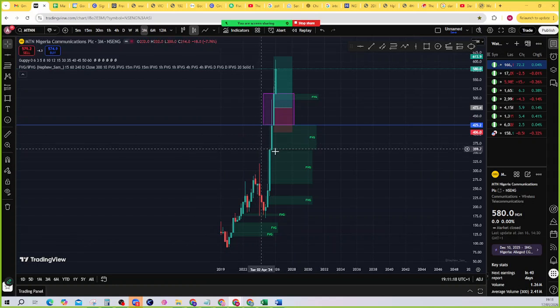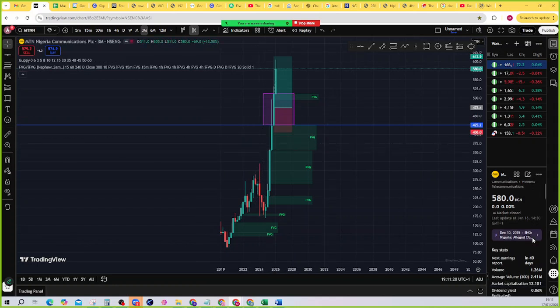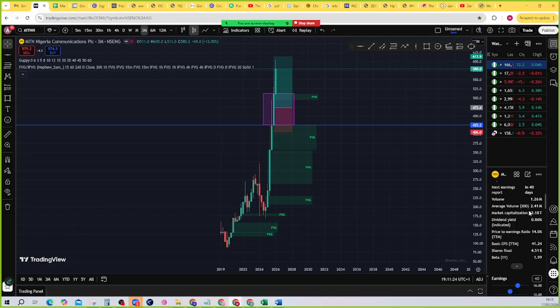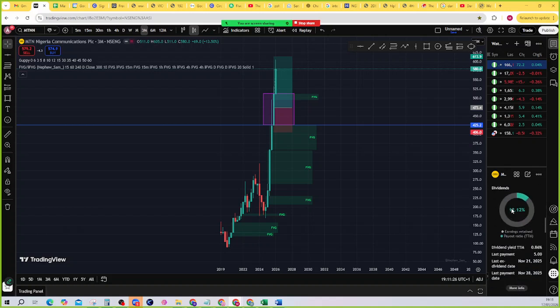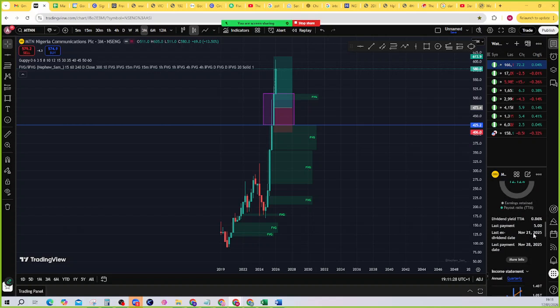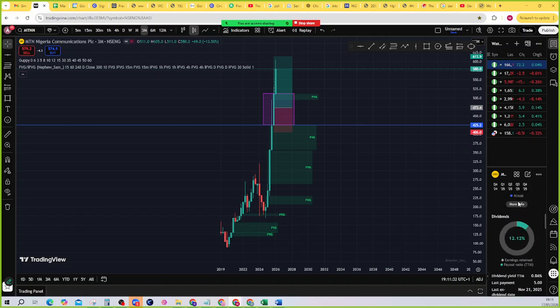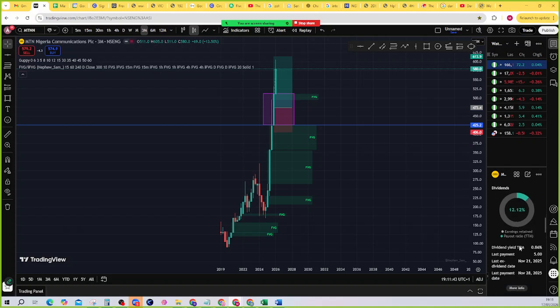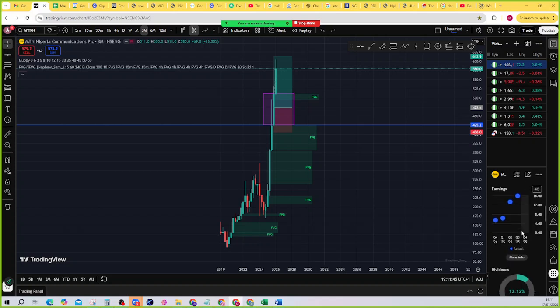Okay, so MTN is a breakout. Earnings in 40 days. What did they pay? MTN is stingy. They paid 5 naira last. So it now depends on you. If you are thinking of cash flow, dividend, what they will give, I think Airtel is still doing better than MTN from what I'm seeing here.